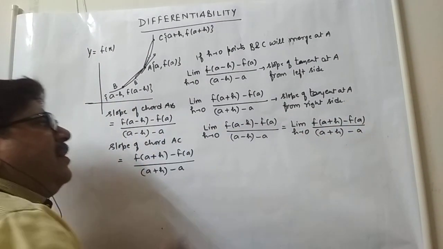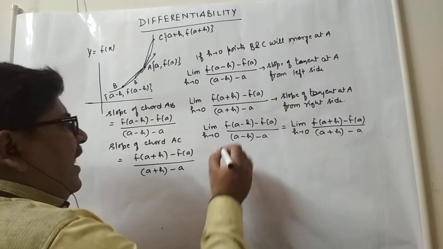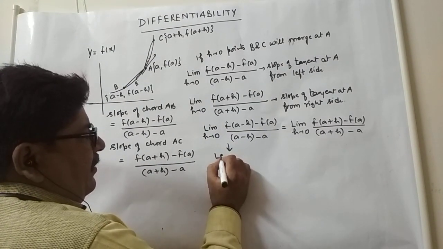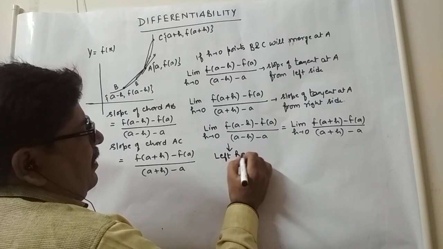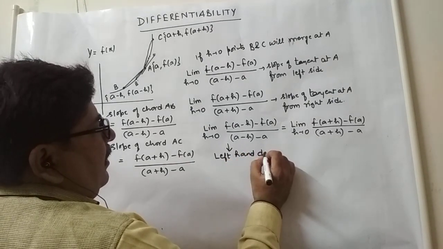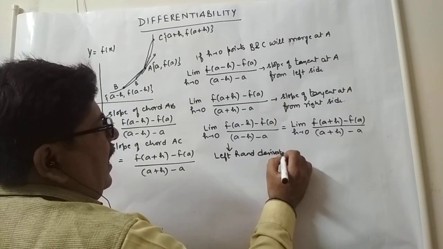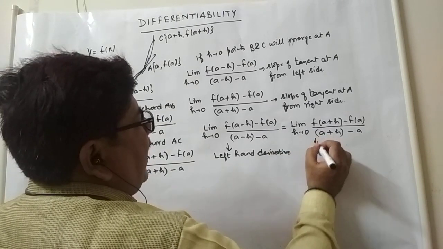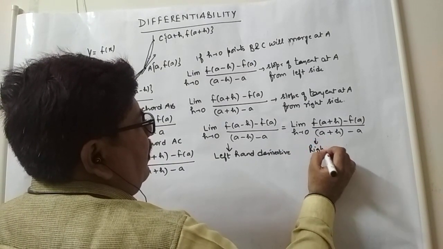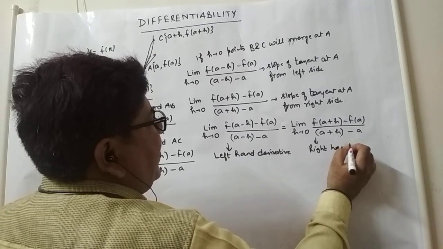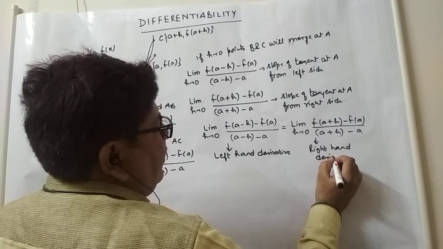So this is called left hand derivative, and this is called right hand derivative. LHD and RHD.